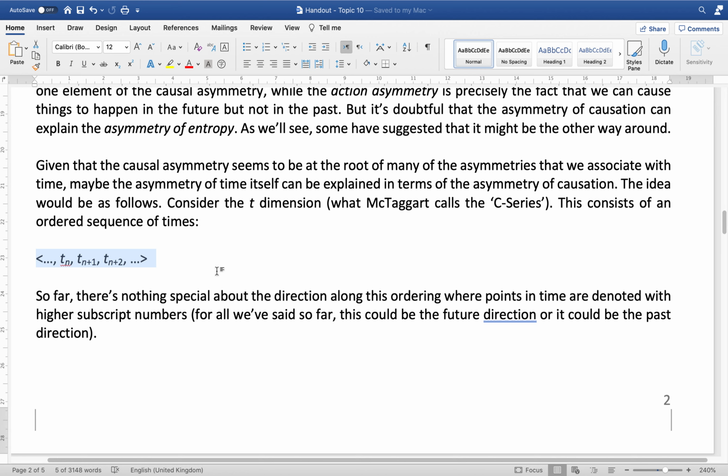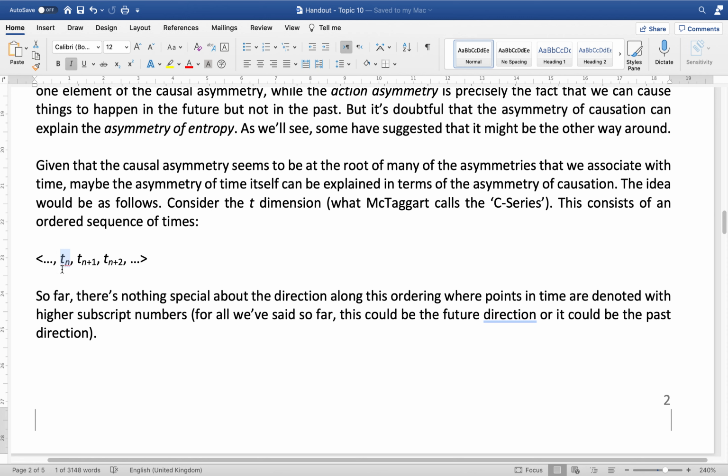If we were to try to reduce the direction of time to the direction of entropy increase, then we'd say that the times denoted by t's with higher subscripts in our order count as later than those with lower subscripts if and only if entropy is higher towards the end of the dimension denoted by t's with higher subscripts than towards the end denoted by t's with lower subscripts.